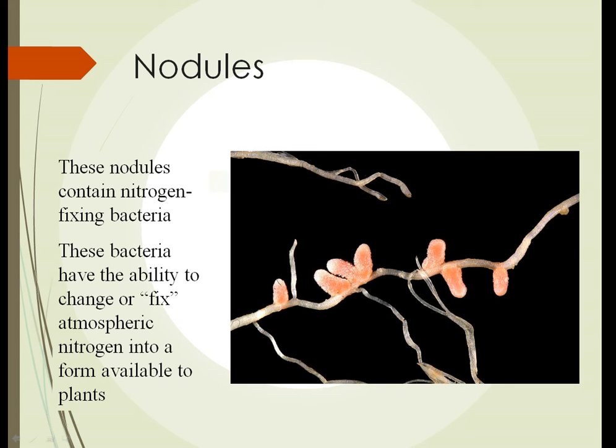What that means is that atmospheric nitrogen, or nitrogen in gaseous form, is N2, a molecule of two nitrogen atoms together, and is not useful for plants. Plants have no ability to take that nitrogen from the atmosphere and make use of it. And nitrogen is the primary nutrient in the macronutrient range of fertilizers. So plants need a method of getting nitrogen in a form they can use.